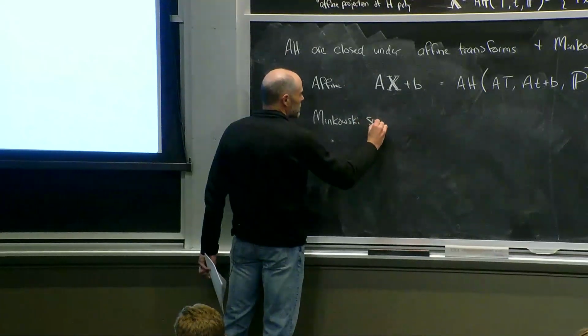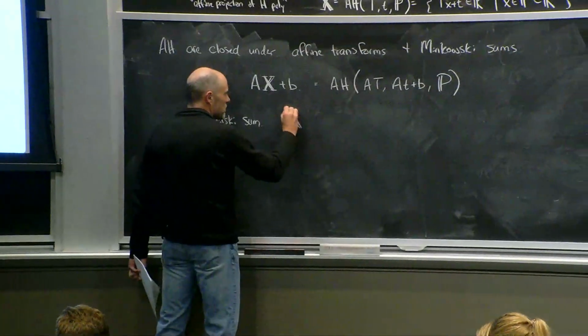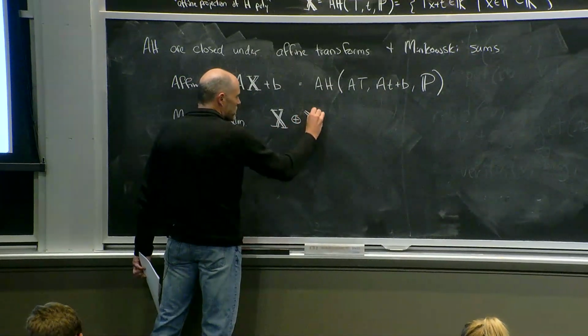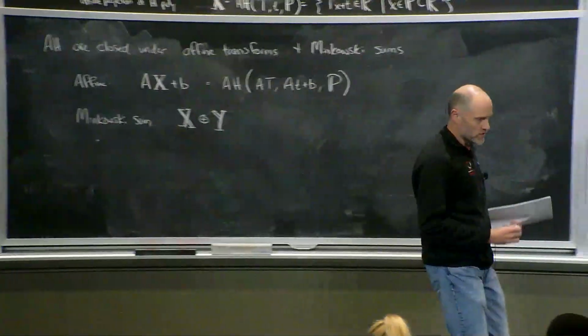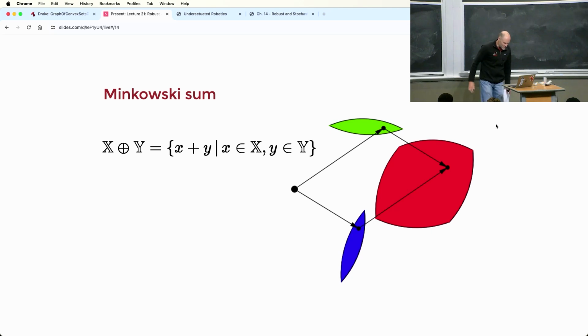It's the Minkowski sum. So what would it mean to take two sets, let's call them X and Y, and add them together with set math? And for this one I just decided it was better to grab an image from Wikipedia because I couldn't draw this well enough on the board.